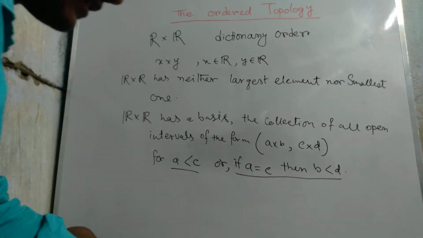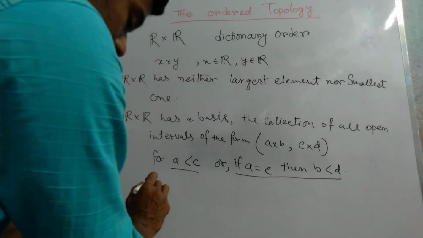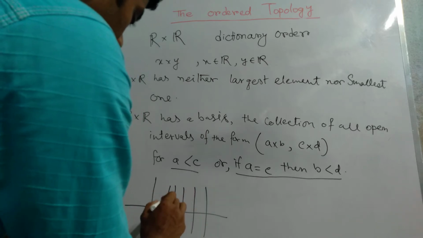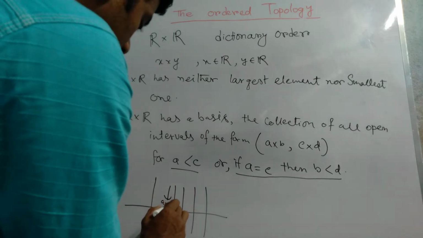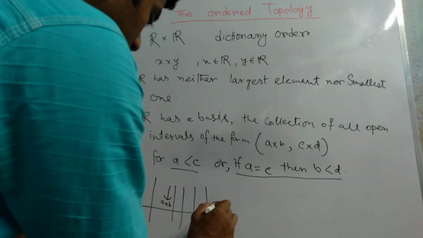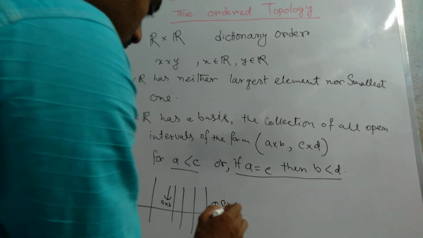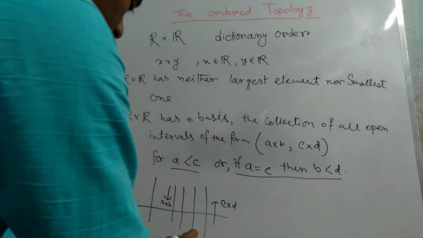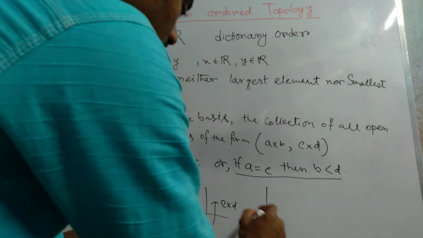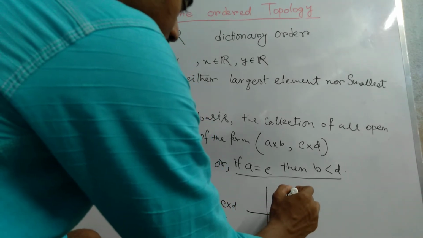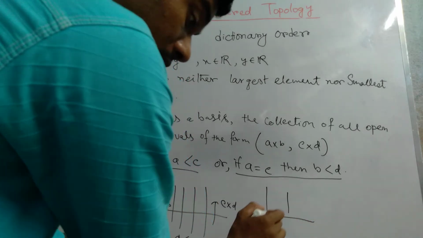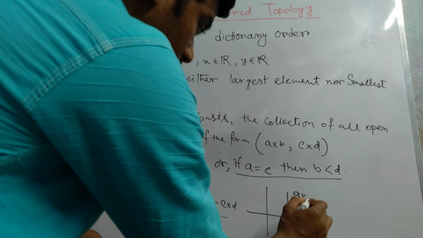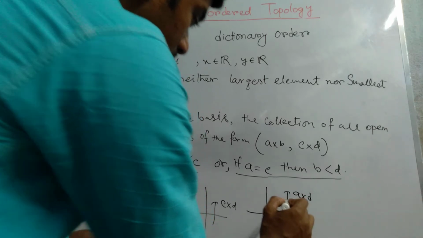If a < c, then the figure is like this, with a × b and c × d. And if a = c, then it is here, just a × b and a × d.